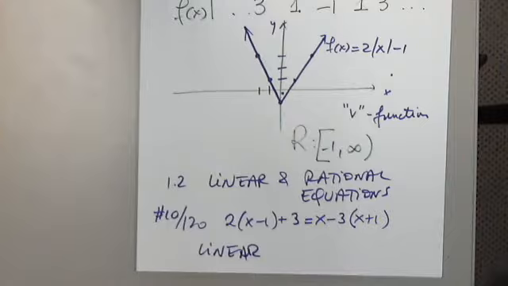Every time x appears, it has power 1. Condition number 2, no x in the denominator. And condition number 3, no product of variables, no x times y. X times y will not be a linear equation. Good.